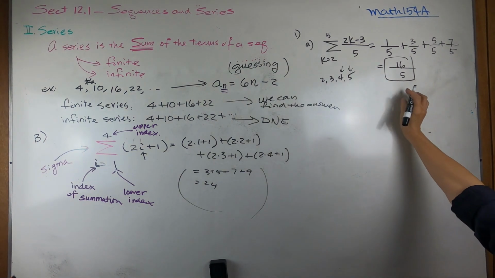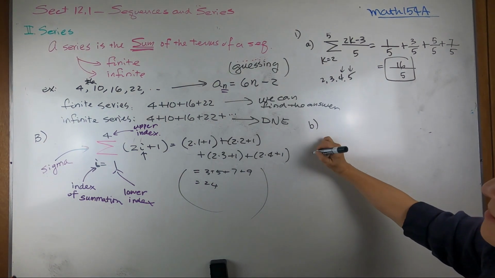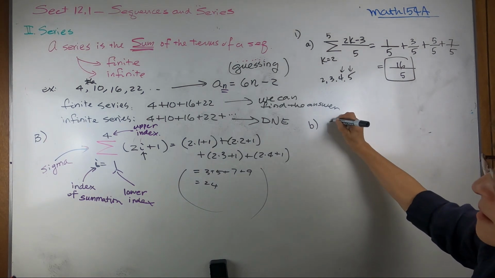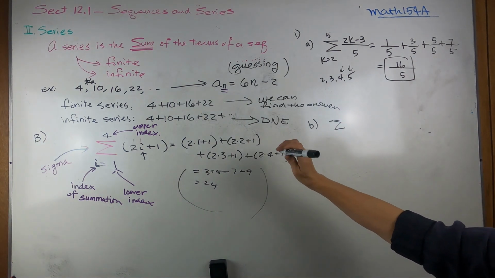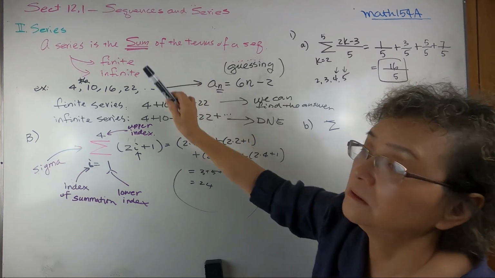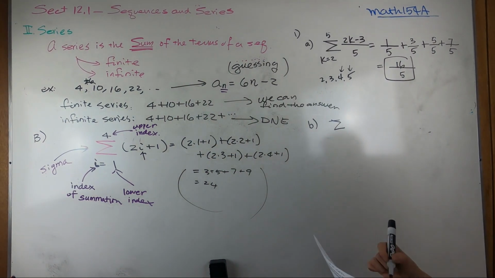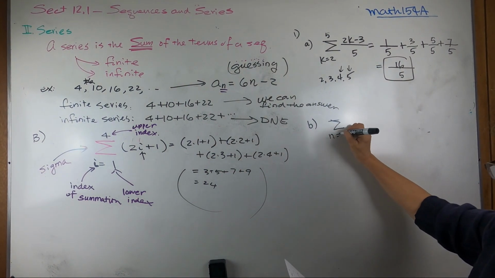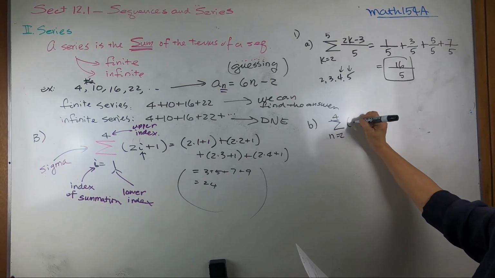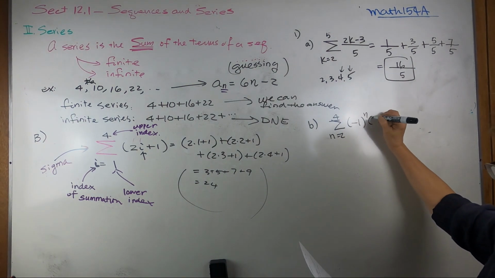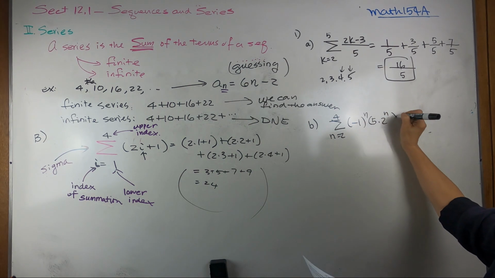Okay? Summation, sigma notation means what? The sum. Then you have to sum it, right? Add all of them together to find the sum.